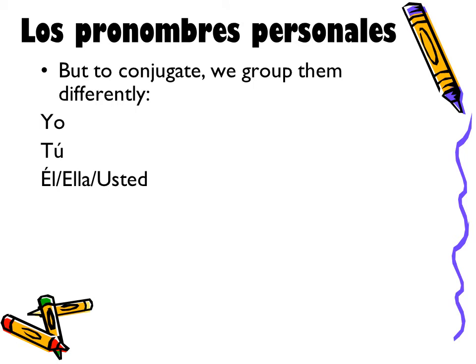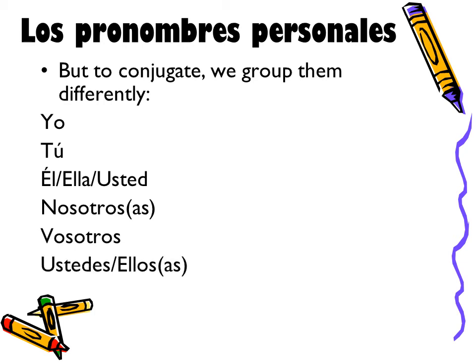Él, ella, and usted will share the same conjugation. Nosotros and nosotras will share the same conjugation. Vosotros and vosotras will share the conjugation. Ustedes and ellos and ellas will share the conjugation. So whenever we're going to conjugate a verb, we're going to group the personal pronouns this way.